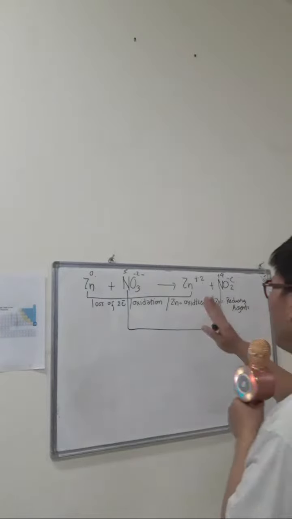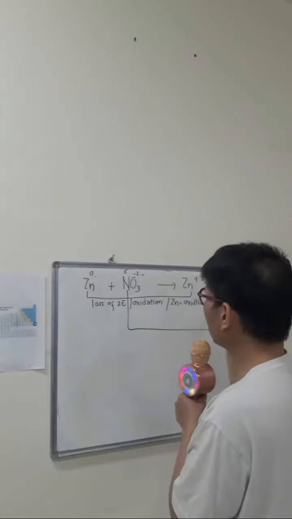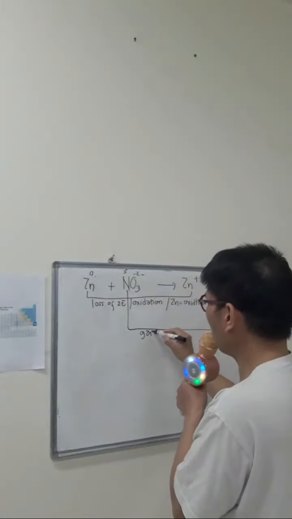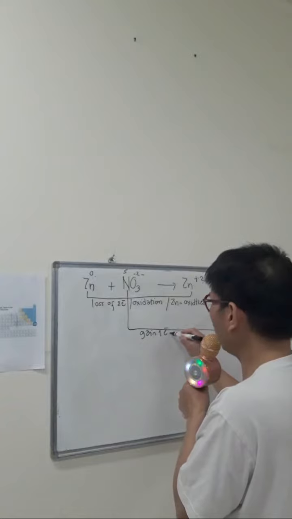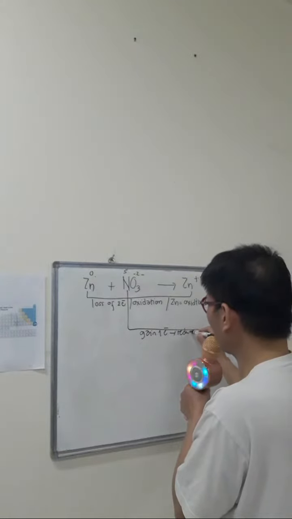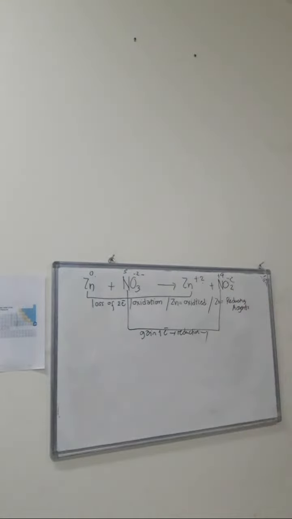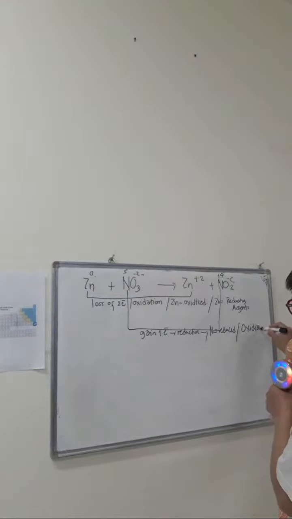From 5 to 4, there's a difference of 1, meaning a gain of 1 electron, and that's a reduction process. The nitrogen is being reduced, and your oxidizing agent is your nitrate.